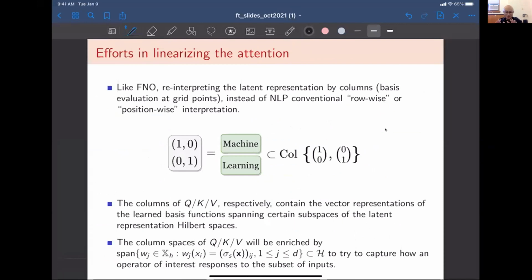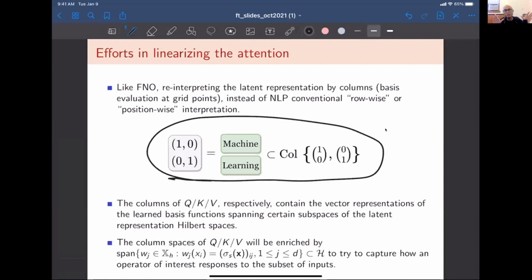However, when I viewed this linearization, I got super excited because, why not take the row-wise view of this latent representation? For example, in natural language processing, a machine has some token for a word, and this token is embedded in some high dimensional space, say 512.